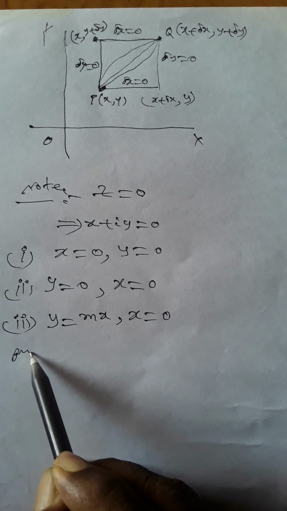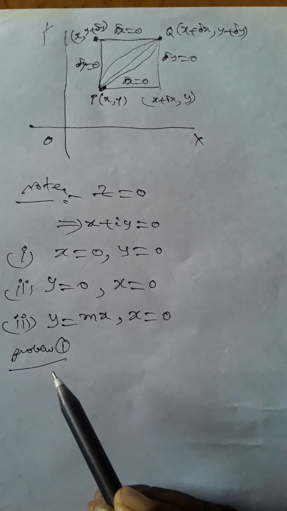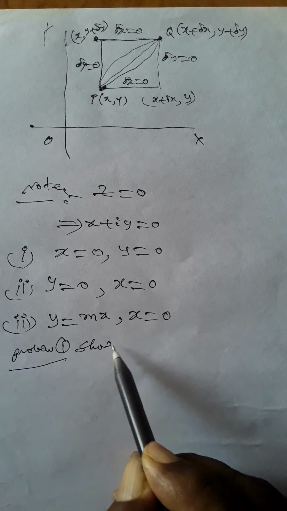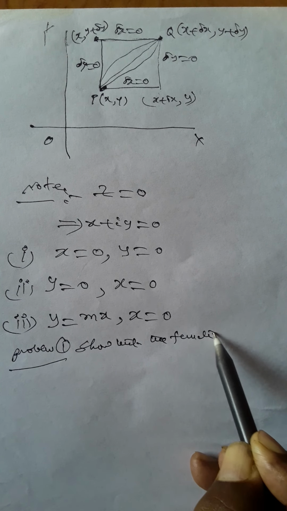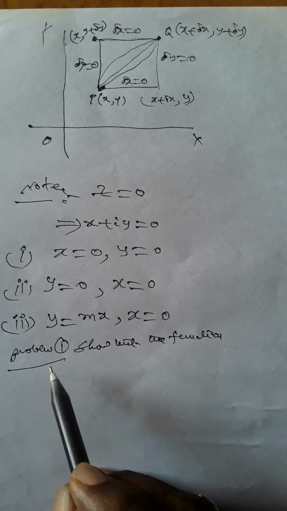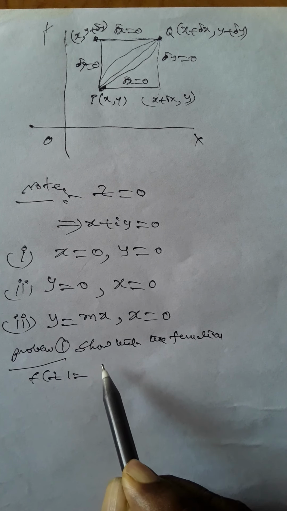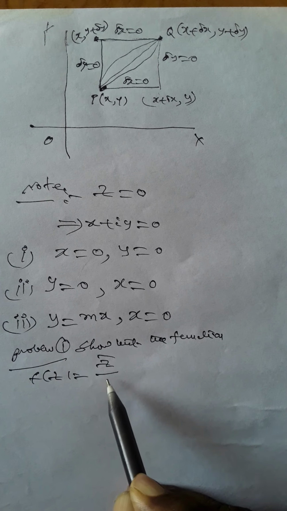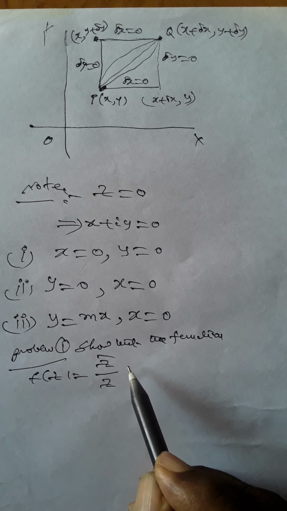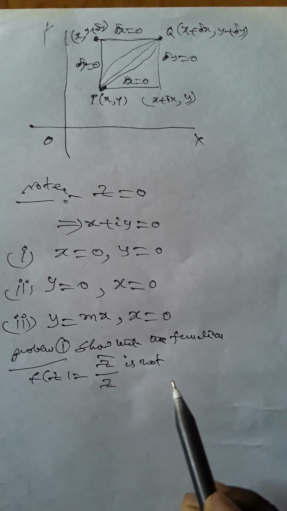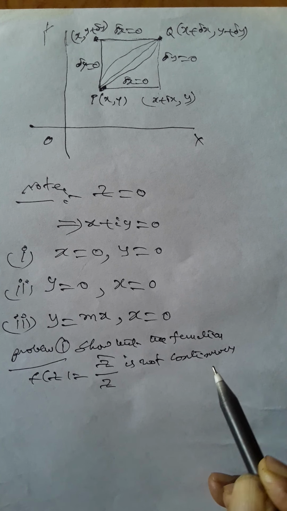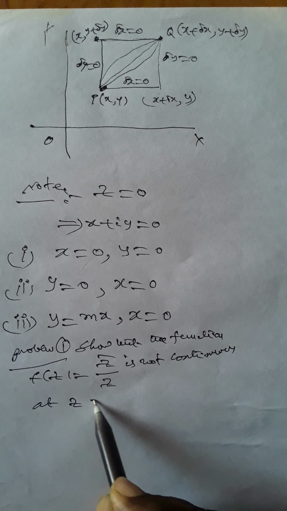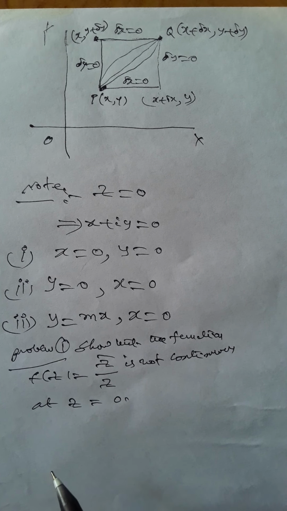Problem 1. Show that the function f(z) = z bar by z is not continuous at z = 0.